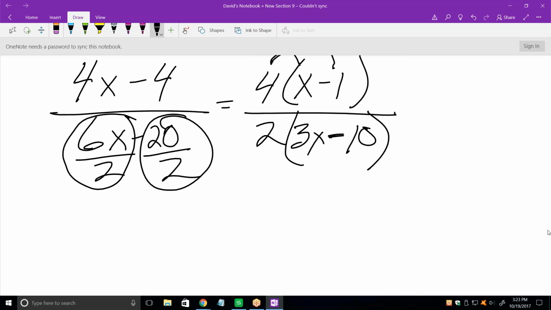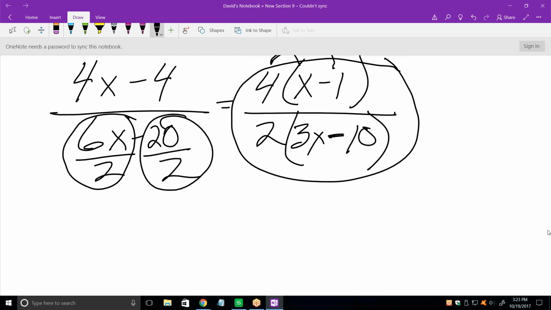Now, I know that's the answer, except I can simplify that. What can I do? What's 4 over 2? 2. Here's what I'm going to do.